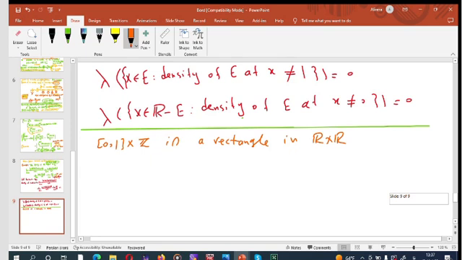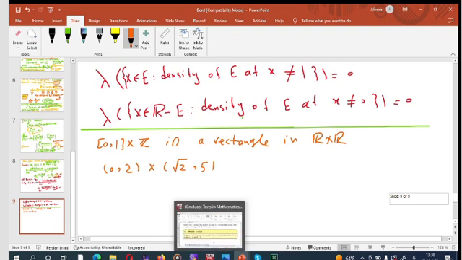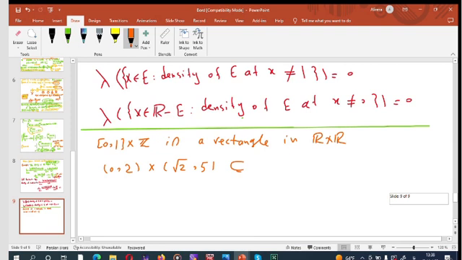Or, for example, 0 to 2 multiplied by radical 2 and 5 is a rectangle as a subset of this product space. This is a subset of X and this is a subset of Y. In this example, X and Y are equal to numbers.